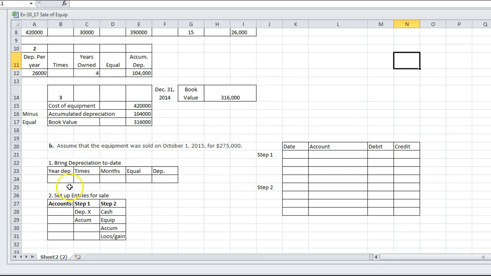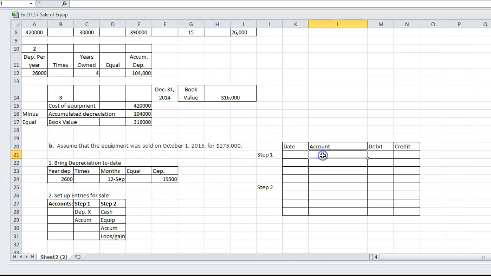So we need to take $26,000 and multiply it times 9/12 to come up with the depreciation for 9 months, which is $19,500.